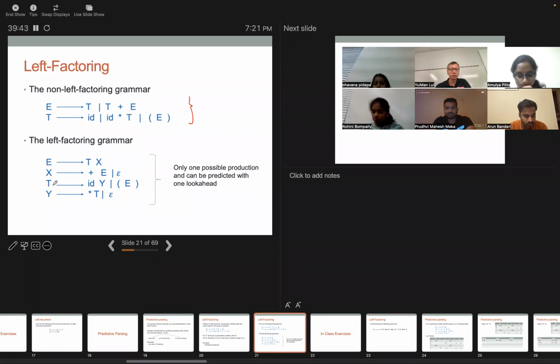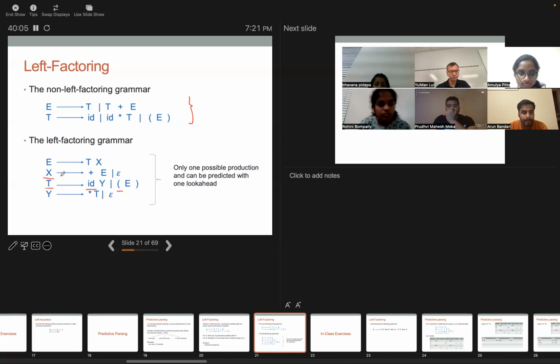All right. So T, look at T first. T, you can start with ID or left parenthesis. Okay, so if I have one look ahead, I know which route I should take. Because they're different, right? So I know which route I should take. No confusion here. All right.